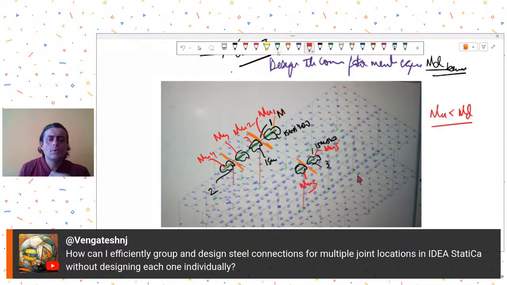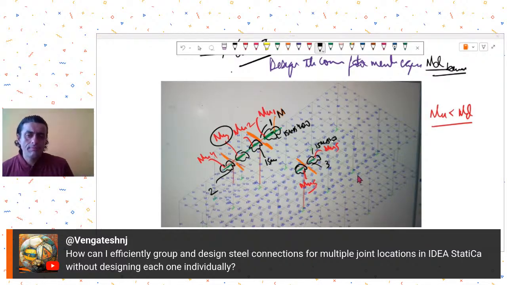So what you do, that for this green colored beam, whichever was the highest analysis moment in the entire model, let's say Mu3 was the highest analysis moment, so you design your connections for Mu3. So every connection where you have a green colored beam joining into your column, you will provide the same connection assembly corresponding to Mu3.